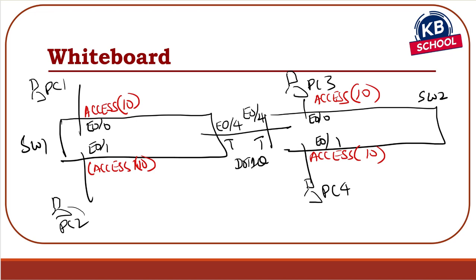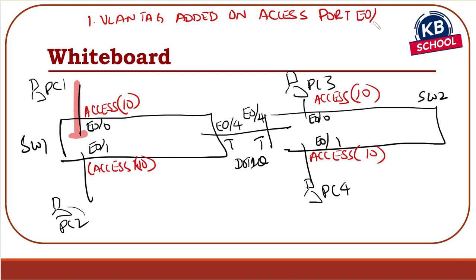So when the frame comes in over here, in terms of VLAN, what action is taken? The VLAN tag added on access port. Which access port? E0/0 of what?